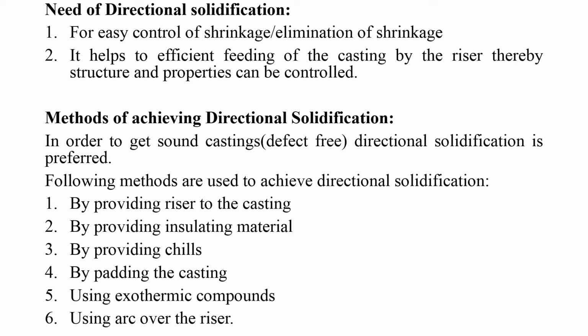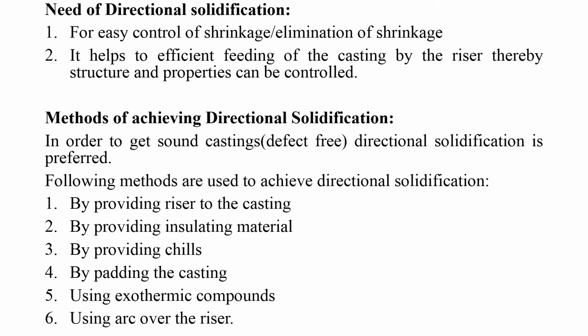This is very important. Third, by providing chills. Fourth, by padding the casting. Fifth, using exothermic compounds. Sixth, using an arc over the riser. These are the six important points used to achieve directional solidification.